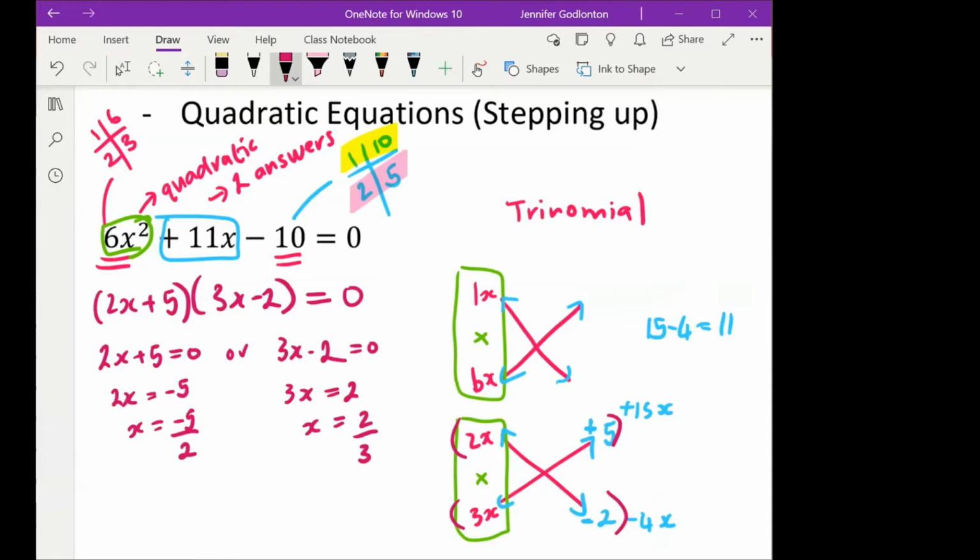Mateo, did I lose you? No, ma'am, I was just asking if it is necessary. No, it's not, you don't get marks for the crisscross. So it doesn't have to be visible. It's just there for you so that you know how to work it out. Oh, okay. Thank you, ma'am.